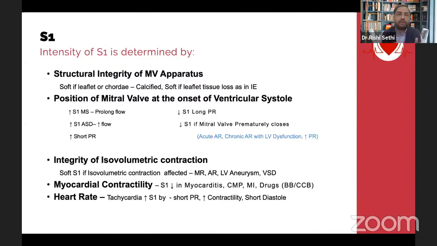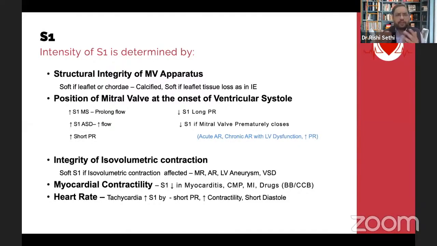If there is any chordal rupture, if there is a calcification, if there is loss of integrity, if there is a tissue of infective endocarditis not allowing the valve to close, if the structural integrity of the mitral valve apparatus or the tricuspid valve apparatus is compromised, then it would lead to softening of that heart sound. So S1 would be soft.